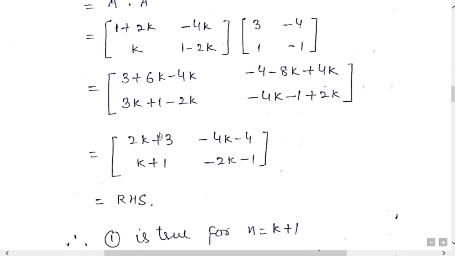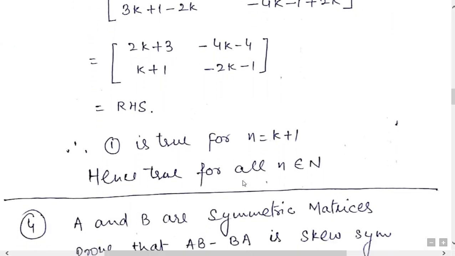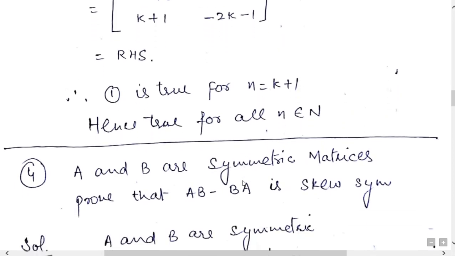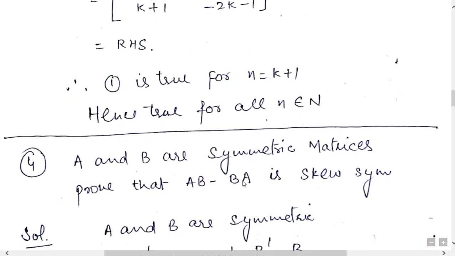Then calculate the values: 2k plus 3, minus 4k minus 4, then k plus 1 and minus 2k minus 1. This value is equal to the right hand side. It means statement 1 is true for n equal to k plus 1. Hence it's true for all n belongs to natural numbers.